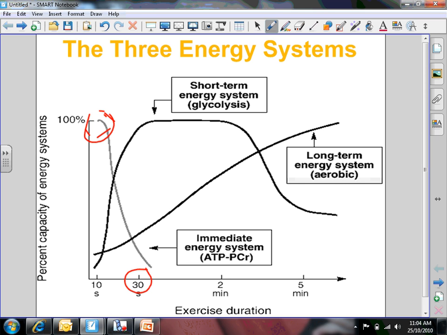The second one being the short-term energy system here with anaerobic glycolysis, again lasting approximately 2 minutes, reaching its peak, before then being taken over by the longer-term energy system being the aerobic system. And as you can see, the line extends upwards, giving an indication that that energy system is somewhat inexhaustible depending on the level of intensity.